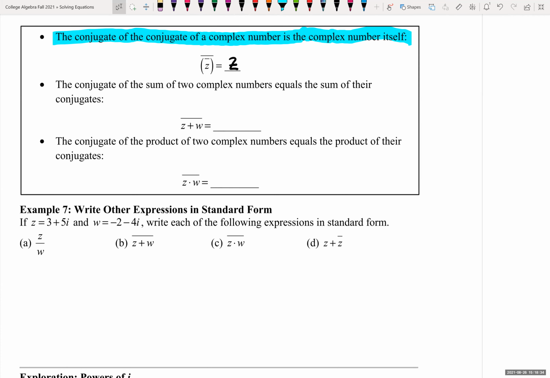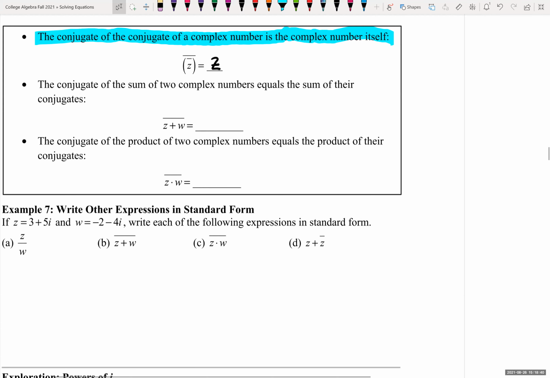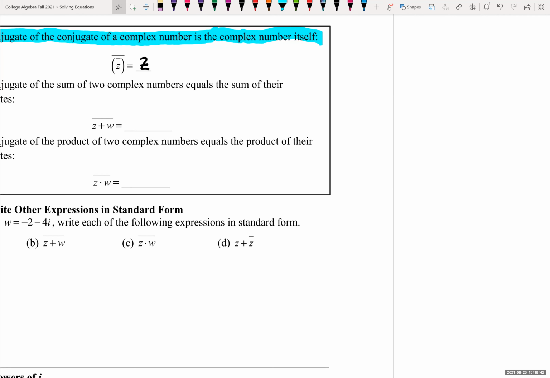A lot of mathematics, and the further you get into it, you're proving things and showing why a statement is true. And so let's say that z was equal to the complex number a plus bi. And by definition, the conjugate of z, written as z bar, is equal to a minus bi.